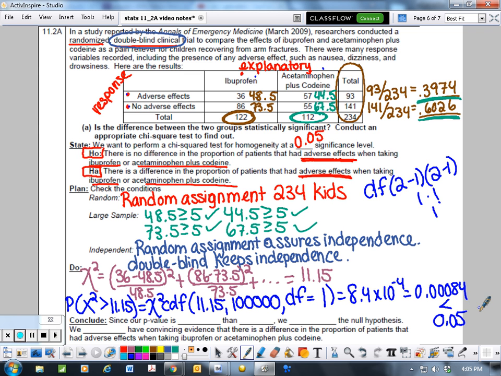Oh yeah, it's definitely less than 0.05. So since it's less than 0.05, we reject our null hypothesis. And we do have convincing evidence that there is a difference in the proportion of patients that had adverse effects when taking ibuprofen or acetaminophen plus codeine.